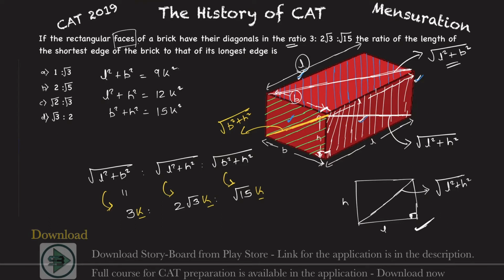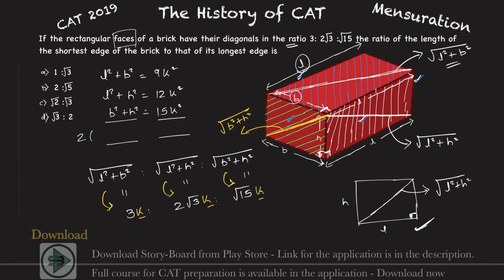Okay, so that's where I reach after doing this. Since I just compared, any one is equal to this, so just squaring both the sides, I get the value of this. Now what will I do after this? I can add all these. If I add, I get 2L square plus 2B square plus 2H square.